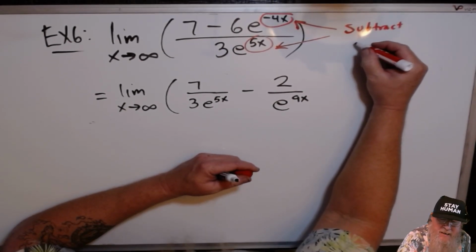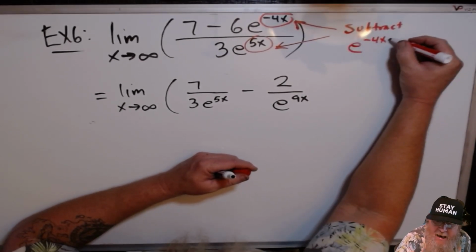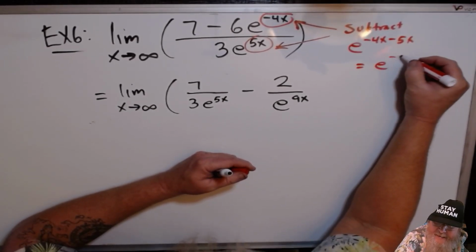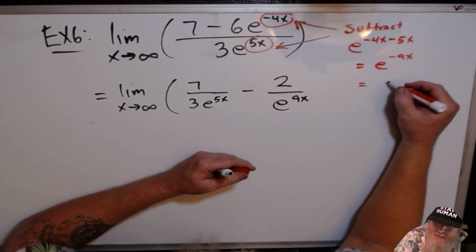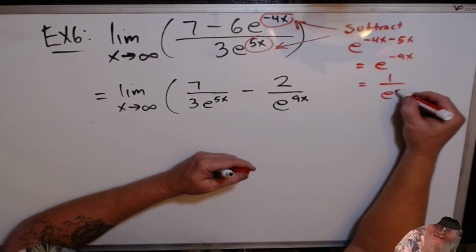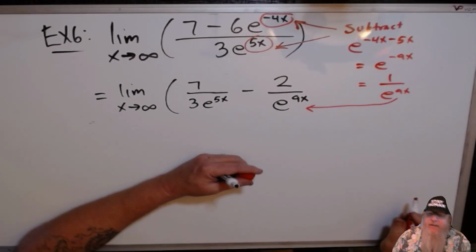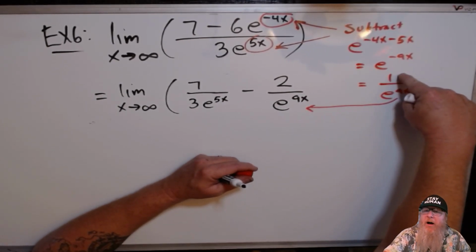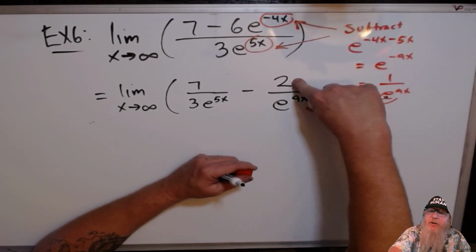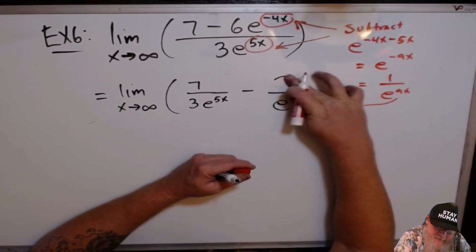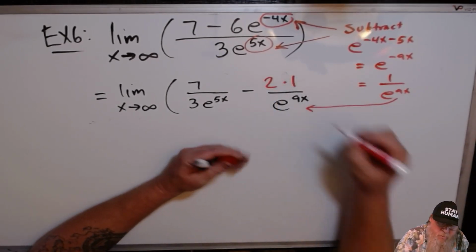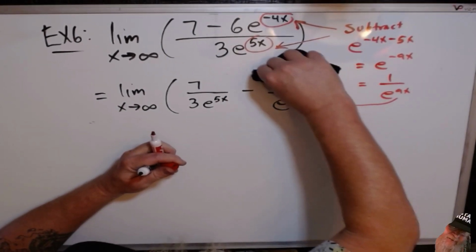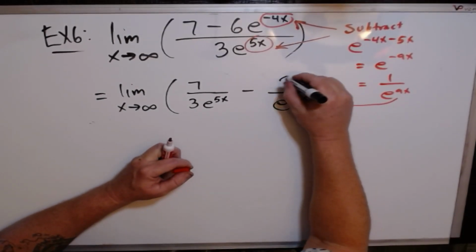So it would be e to the negative 4x minus 5x, which would be e to the negative 9x, which would be 1 over e to the 9x. Now, the only reason why you don't see the 1 is because it's been replaced by a 2. So technically, this is 2 times 1 over that, but this is calculus. You can handle a little bit of algebra. So that's just going to be a 2.